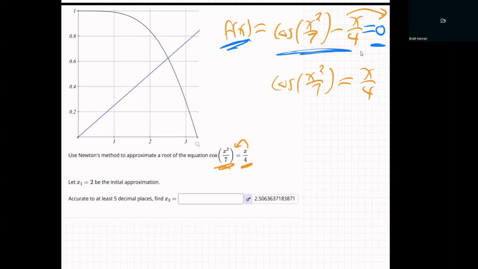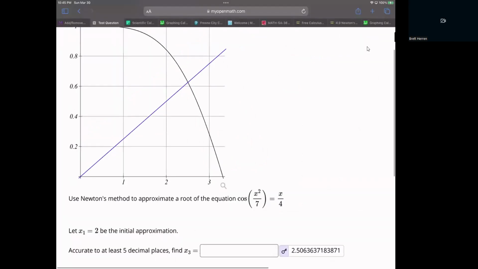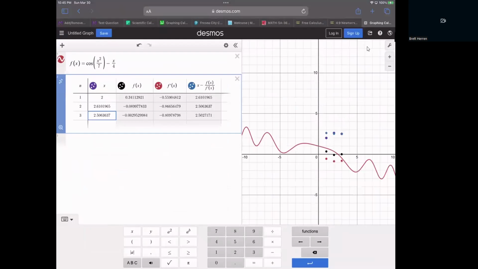Okay, let's go to Desmos. On Desmos, there it is. I typed it in and then made that table. See that table I made right there? If you don't know how to do that, go back to the first problem in this section. I show exactly how to add a table. So I typed in the function on the first line.